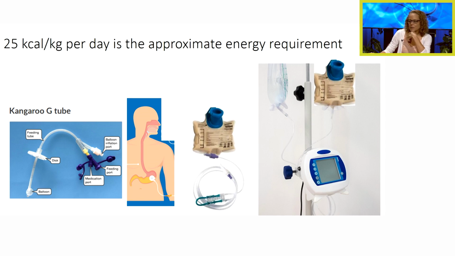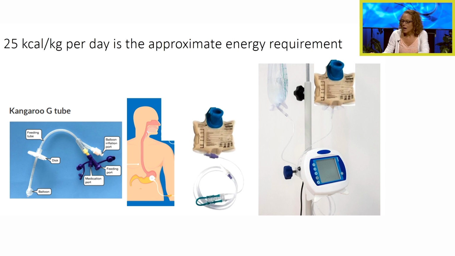There's a special type of a G tube that is used, or a PEG tube that's connected to some tubing, that is connected to a pump, often referred to as the kangaroo pump, which delivers the enteral feeding directly into the patient for a certain period of time.